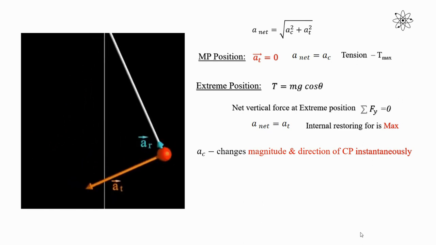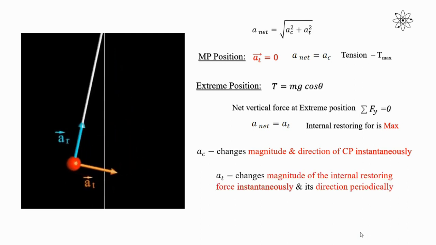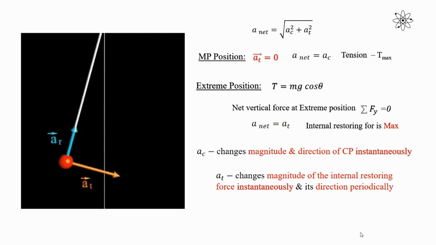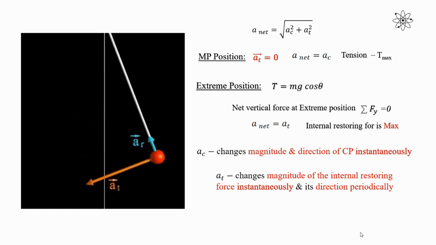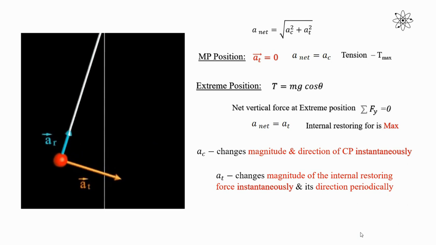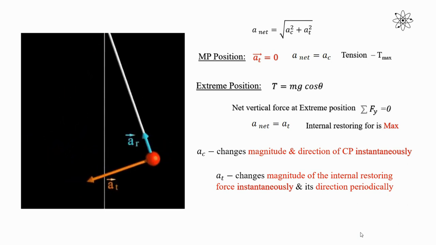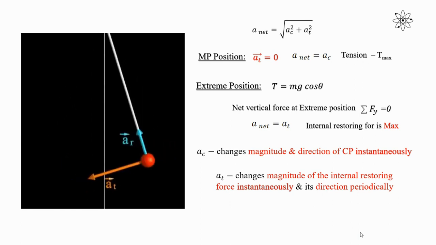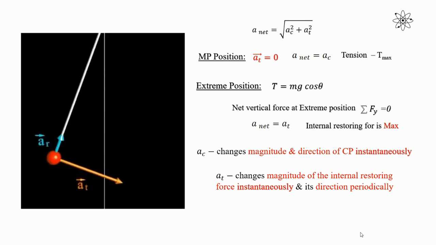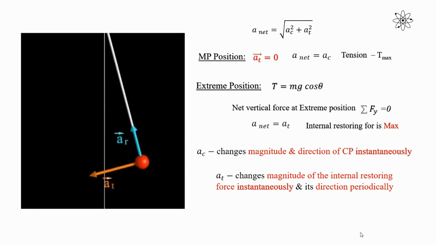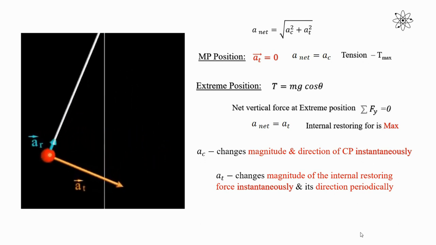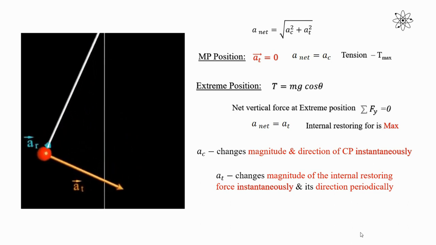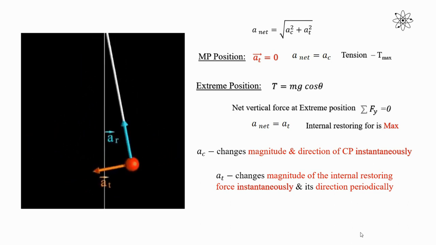But when I observe the tangential acceleration, you can see, student, the tangential acceleration changes the magnitude of the internal restoring force instantaneously. At every instant, the length of the vector changes and its direction changes periodically. For the right half, the direction of that tangential acceleration is towards the left, and for the left motion it is towards the right.